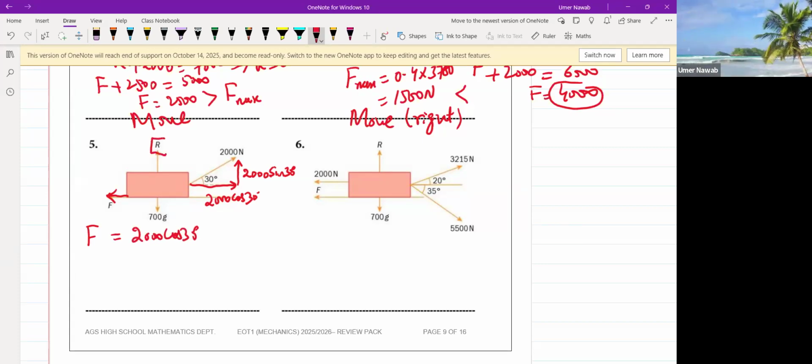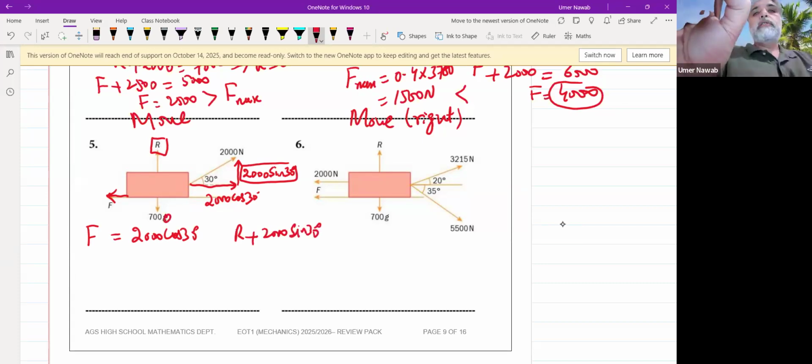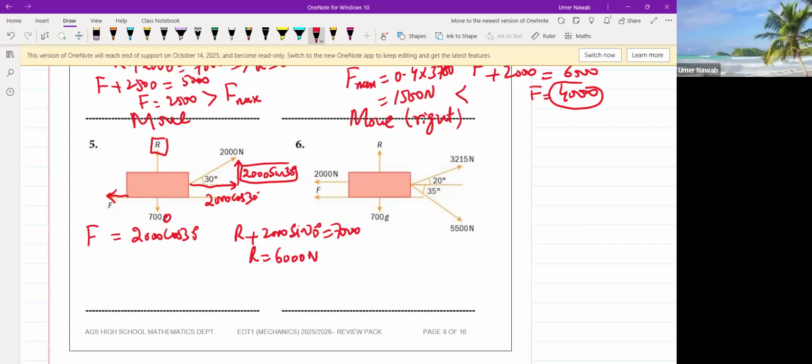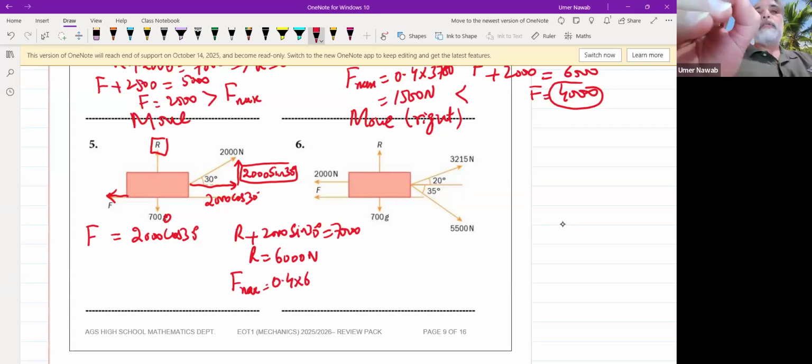But I have to get my R. R plus 2,000 sine 30 is equal to 7,000. After simplification, your R will come to 6,000 newtons. Now, what is my F max, which is mu R? Mu is 0.4 times 6,000, and that gives you 2,400 newtons.